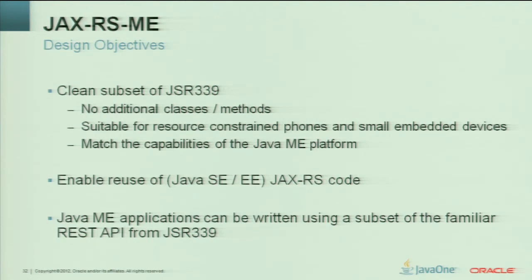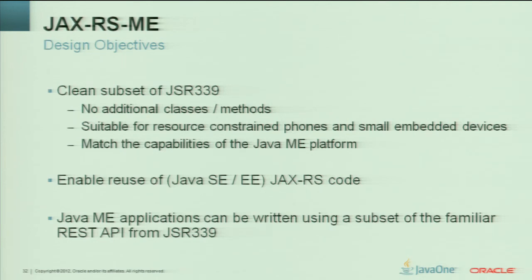We have been defining a clean subset of JSR 339 with no additional classes and methods. So everything that you code against this API should run on JSR 339. It's suitable for resource-constrained phones and small embedded devices. So we have done a reference implementation, which has a footprint of something like 200K.